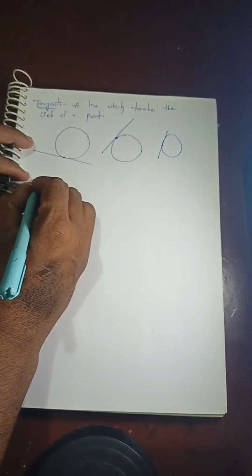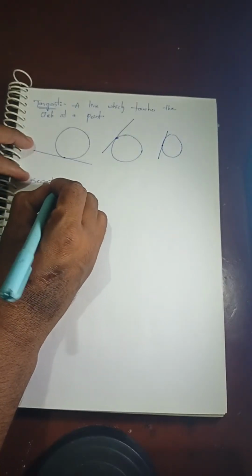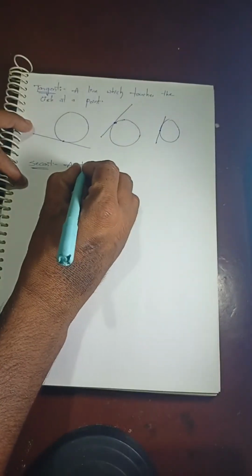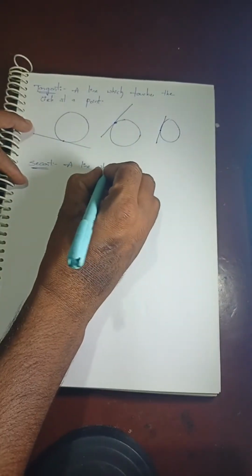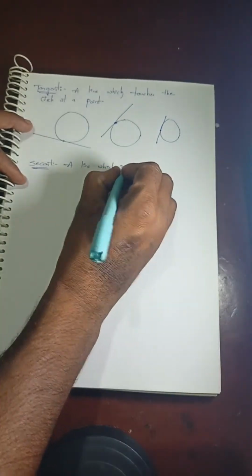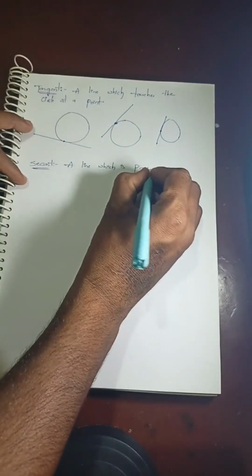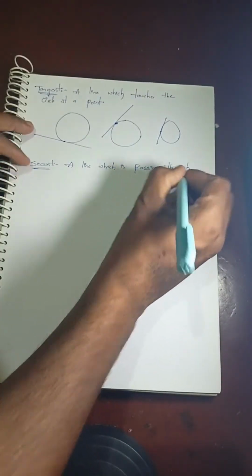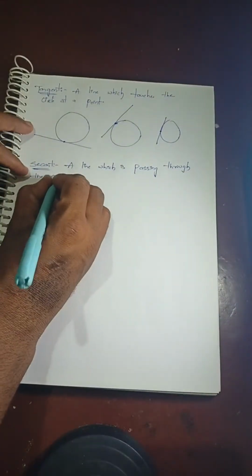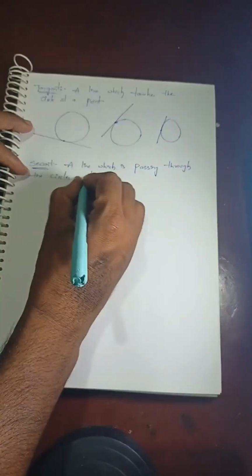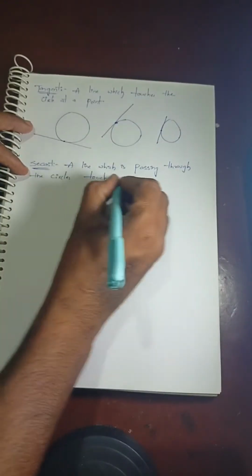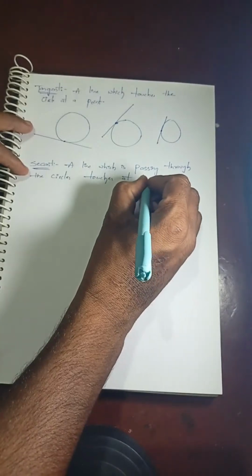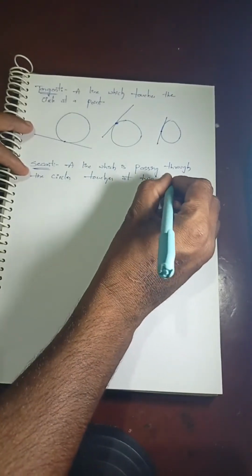What is meant by secant? Secant is a line which is passing through the circle, touches at 2 points, is called secant.